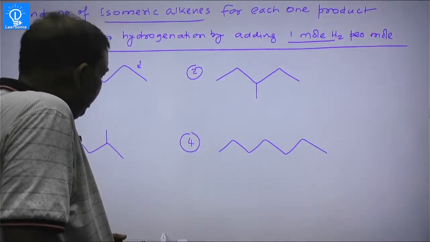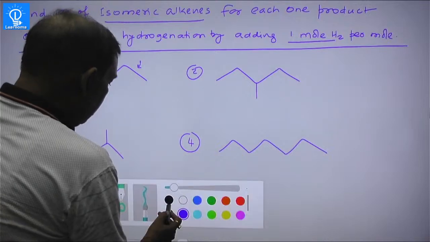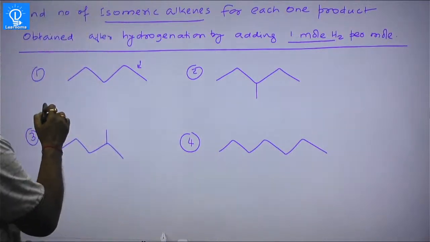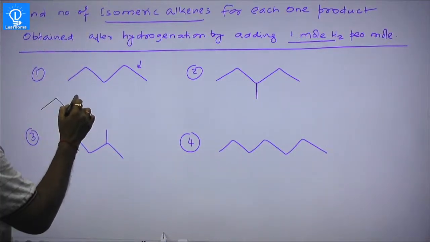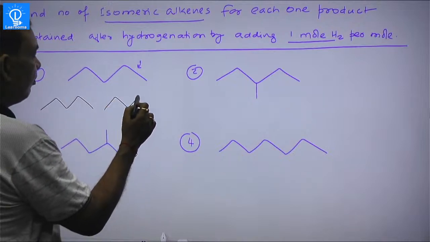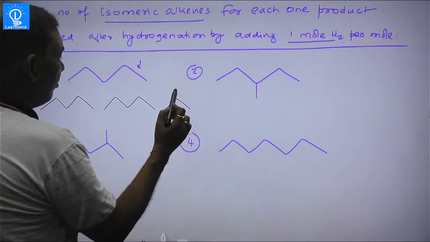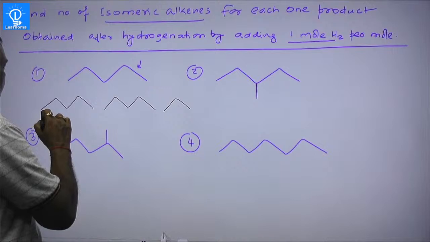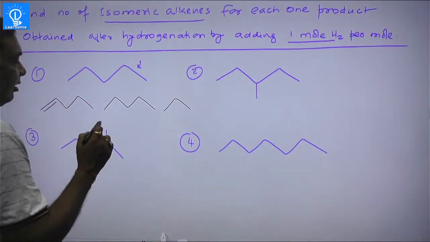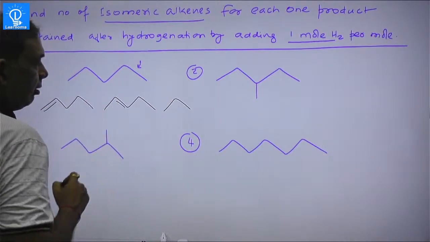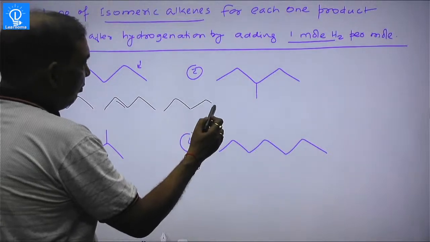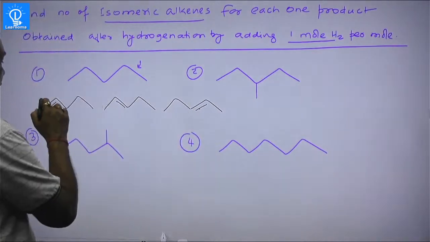How many isomeric alkenes? See, for this one, the skeleton remains the same. Either the pi bond was here or the pi bond was here. If someone says, sir, pi bond here, this is identical to this one.